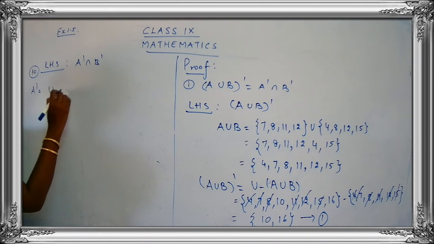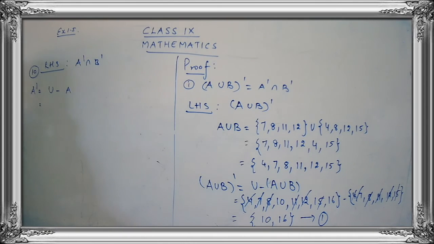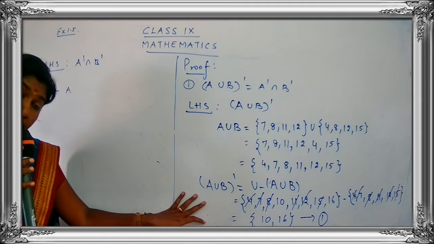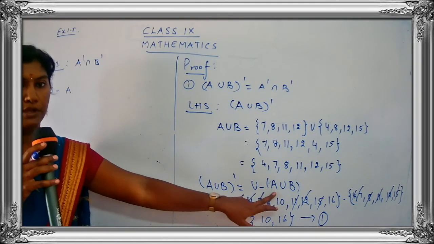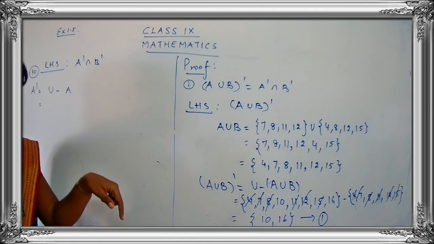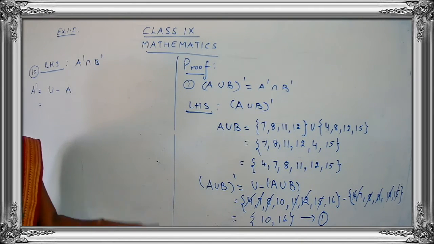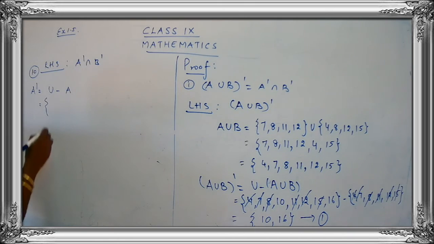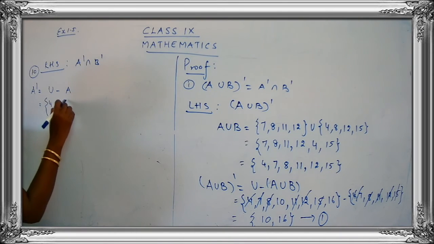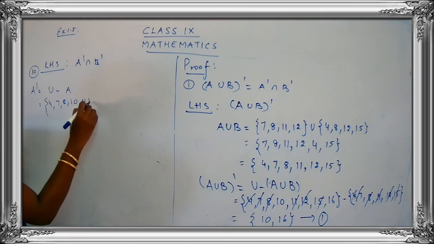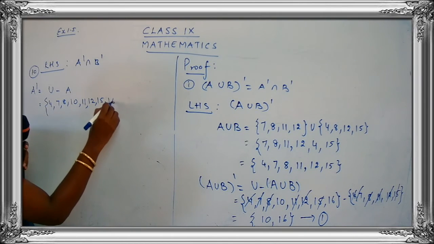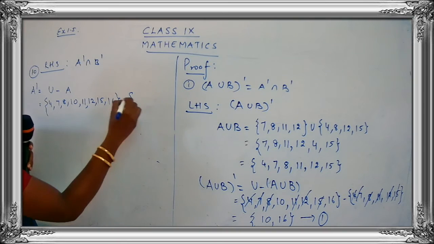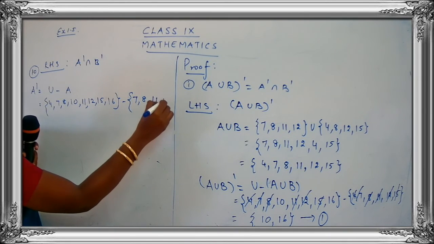I'll use a formula here: U minus A. What is the formula for (A union B)'? U minus (A union B). For (A intersection B)'? U minus (A intersection B), and so on. So, U minus A. Let's write the value for U: 4, 7, 8, 10, 11, 12, 15, 16. What is the value for A? 7, 8, 11, 12.